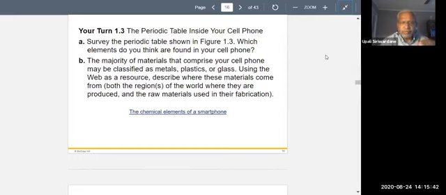Some of these materials are imported from different regions of the world. Therefore, it is important that we have all these raw materials available. If somebody can control the flow of raw material, we will be in trouble. We're going to talk about that in another slide.